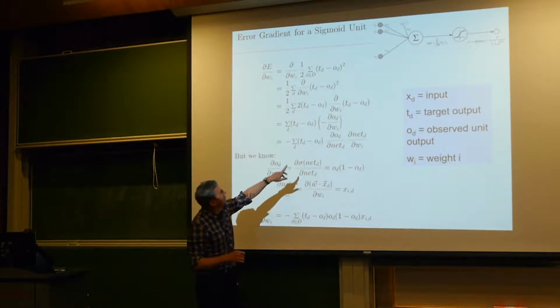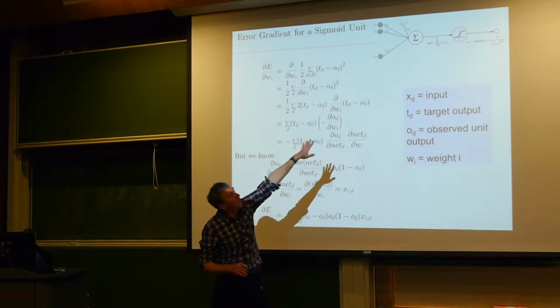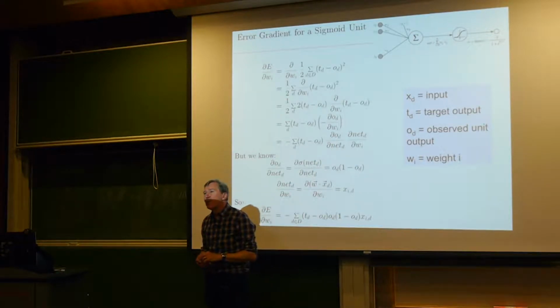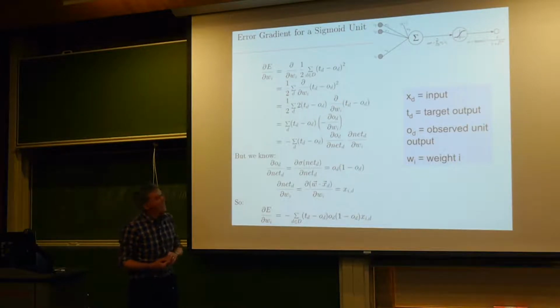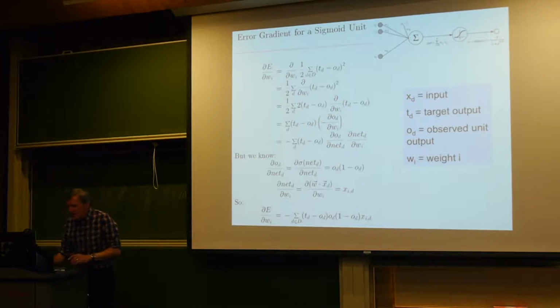So here, suppose we just have one unit like this, and we want to minimize the sum of squared errors. That means we want to know the gradient of our error with respect to each of these weights in the network.